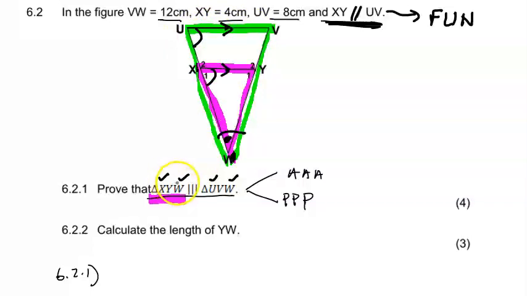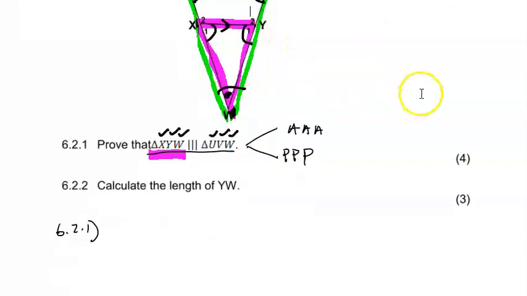Similarly, I could prove that Y is equal to V. And as you can see here, Y1 will equal to V. That's also corresponding angles. So now that I have all my statements, I can now write my proof down.